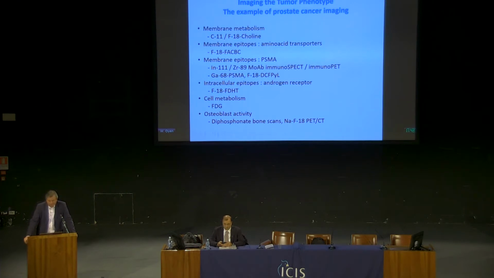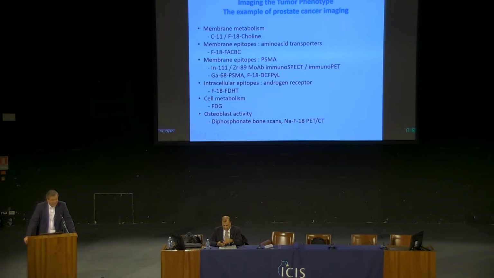Then the membrane epitopes, of which the PSMA is the most important in prostate cancer. And we have antibodies against PSMA, but also small molecules, labeled with a variety of radionuclides. We can target the androgen receptor, which is an intracellular target, with the testosterone derivative FDHT.